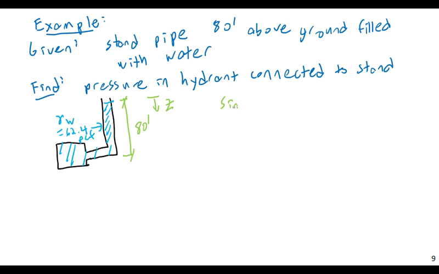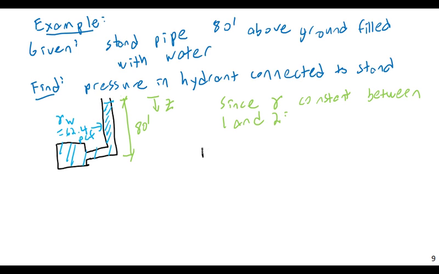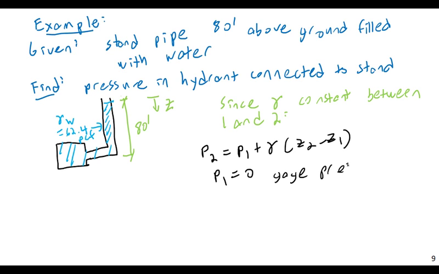Since gamma is constant between 1 and 2, I can just use my simple equations. We'll deal with more complex versions of this later in the week. P2 is equal to P1 plus gamma times Z2 minus Z1. We're looking for gauge pressure, so P1 is just 0. If unstated, I would assume gauge pressure in your problems.